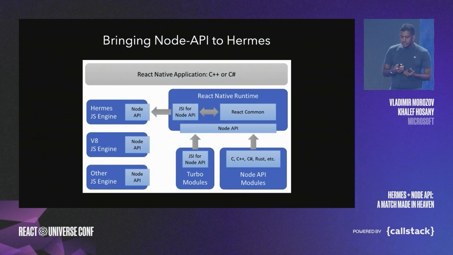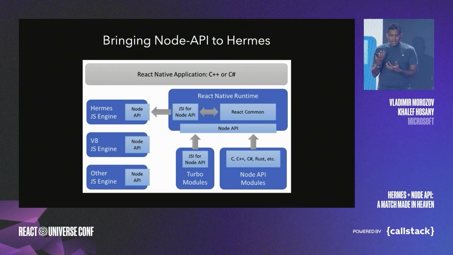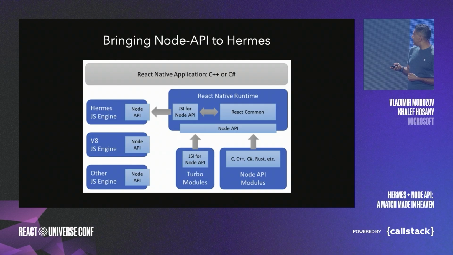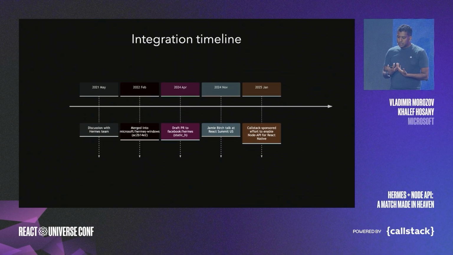So we chose Node API as the way to interoperate between native and JavaScript code, as it is the de facto industry standard for doing so, which is usually better than trying to reinvent new APIs from scratch. And to enable JSI to work with it, we built a JSI runtime implementation for Node API. This work started around May of 2021.